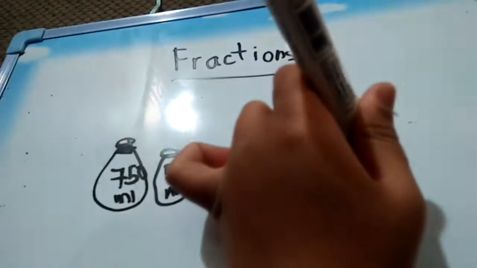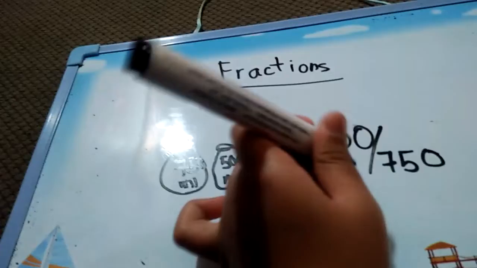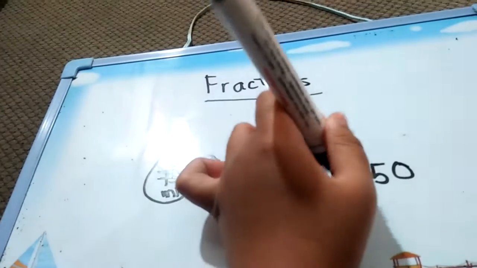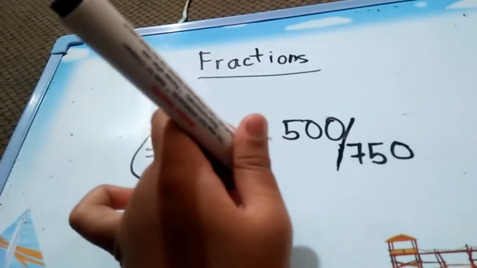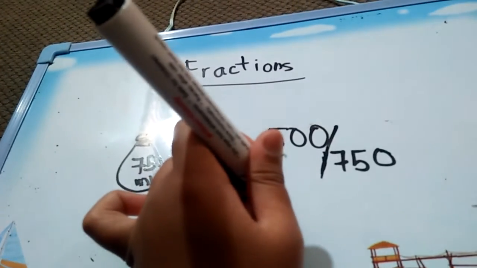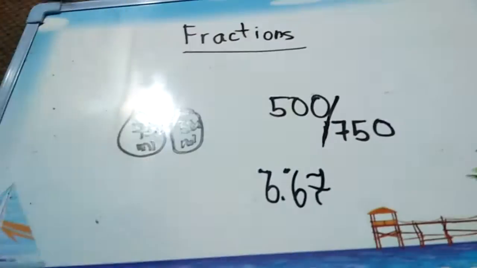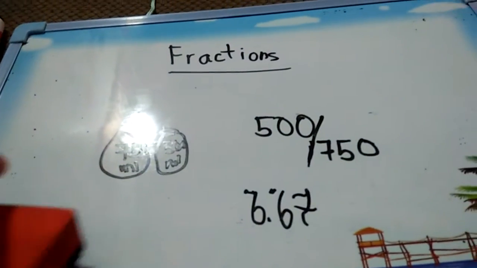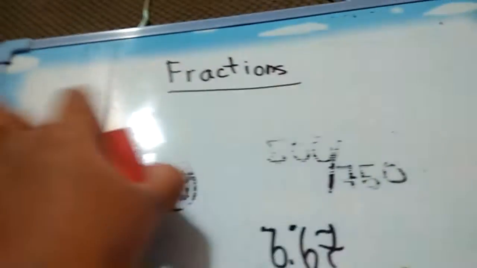I'm just giving a short example of a water bottle. So we divide 500 by 750, and the answer is 0.67. Oh yeah. So this has half of the thing.